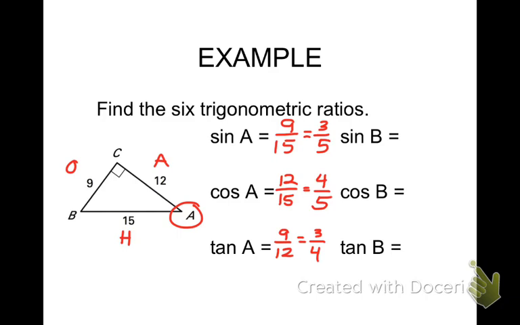Now, considering we did that part correctly, could you easily just fill in the right side? What should the sine of B be? You think it should be not 3 over 5, but 4 over 5, right? Because when you switch to B, that means B is the reference angle, which would change this A to an O and this O to an A. So sine would be 12 over 15, which is 4/5.